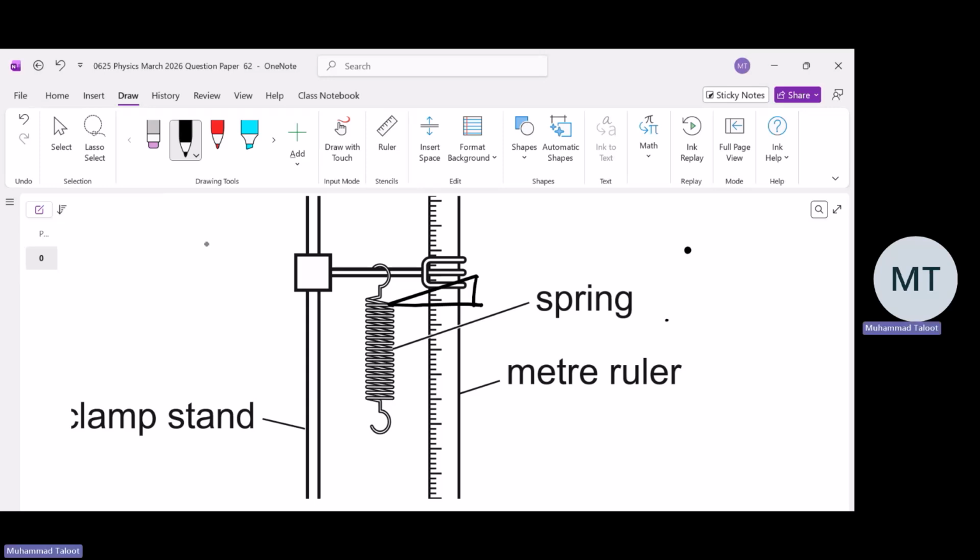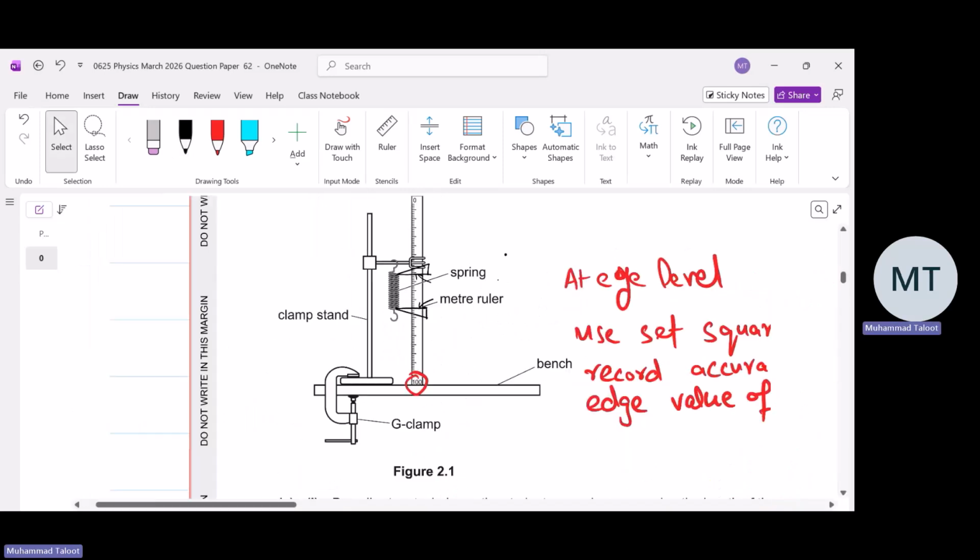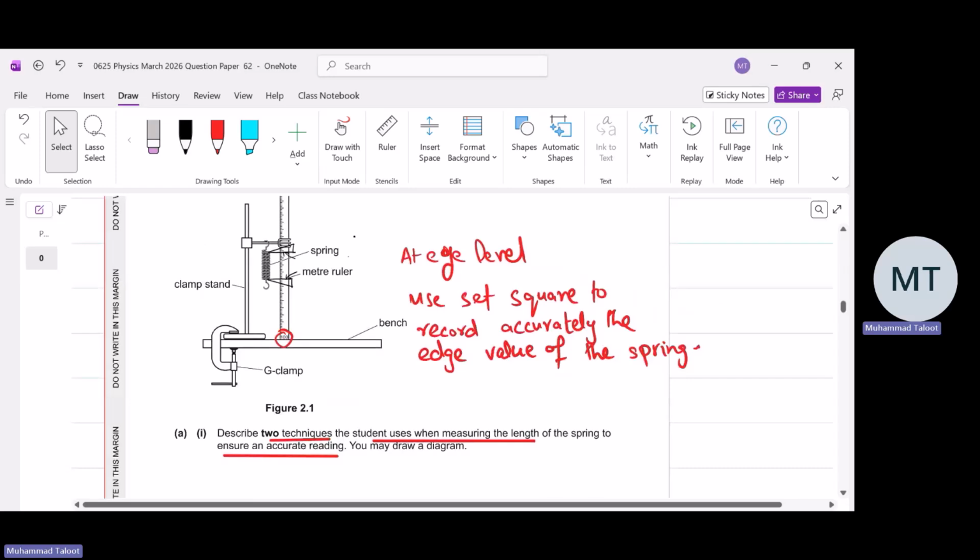In the same way, use set square on the other side as well, in this way. So this will help you to measure these values, my dear students. These values will be measured accurately. So this can also be the one technique.